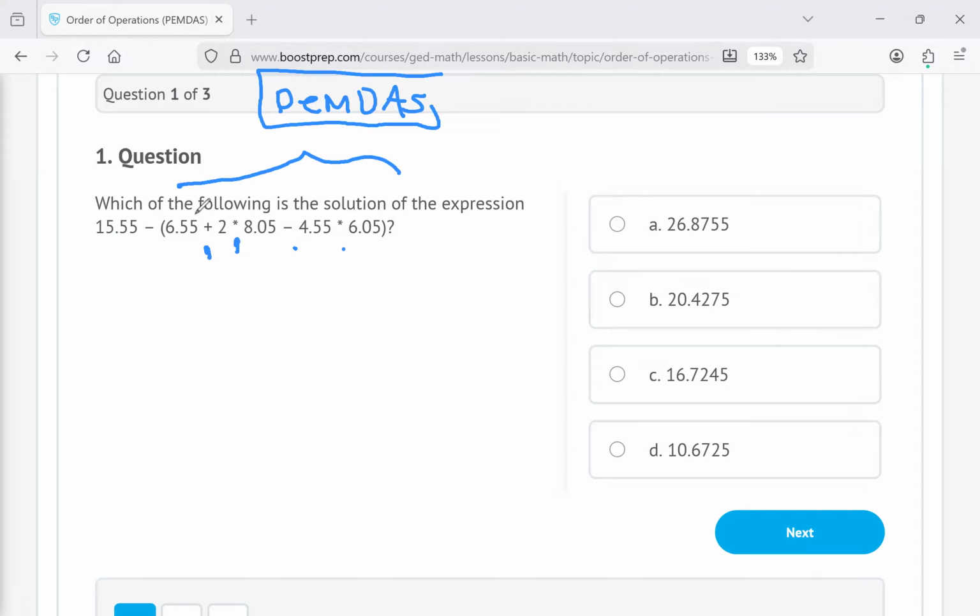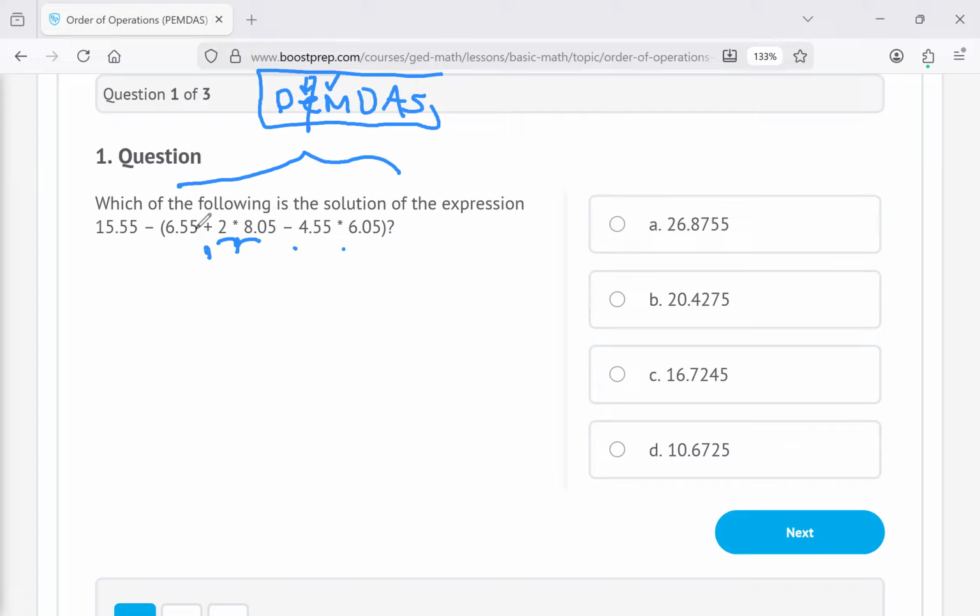Inside the parentheses, do we have an exponent? No, so we can forget about that. Do we have a multiplication? Yes. Do you see the asterisk? It means multiplication. So what's 2 times 8.05?